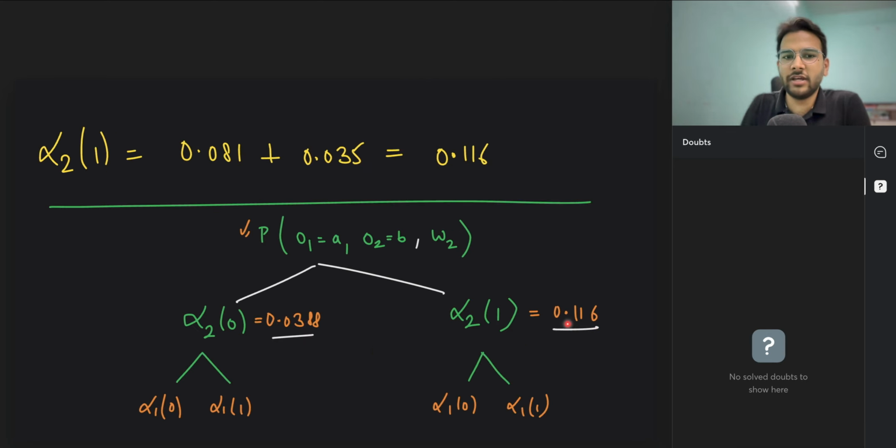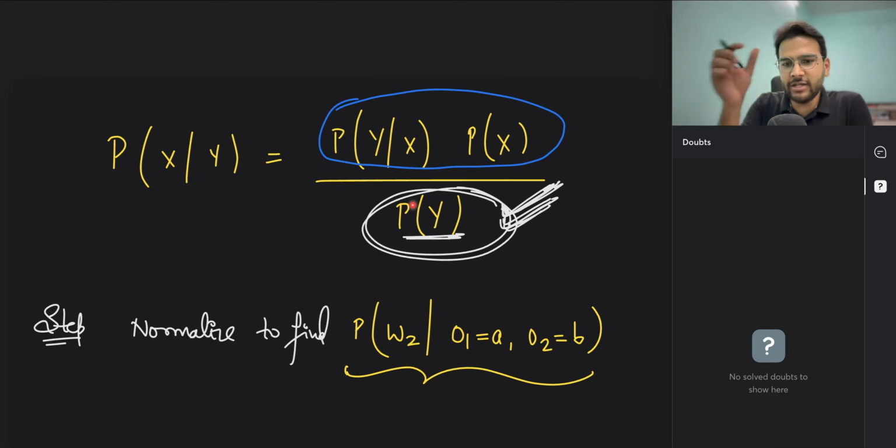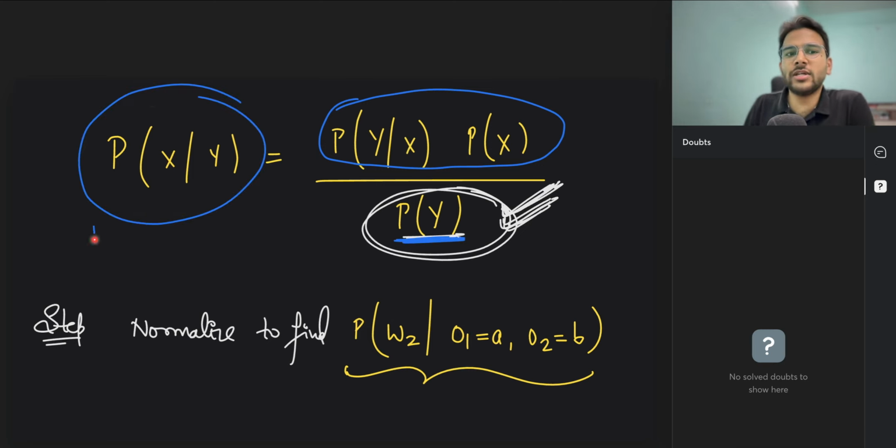This is what you have calculated. So if you divide these two values by this total one, then you will be finding this posterior probability, which is what we have to find in the question.